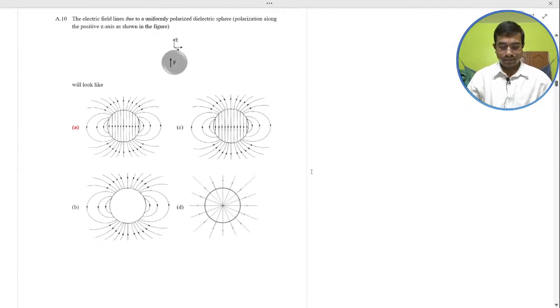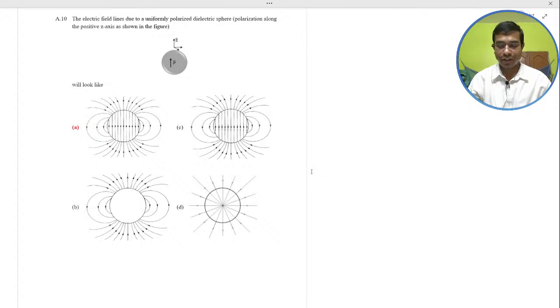Question number 10. The electric field line due to a uniformly polarized dielectric sphere, polarization along the positive z-axis, is shown in the figure. Will look like this figure.